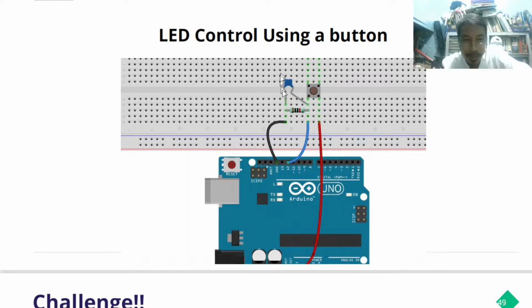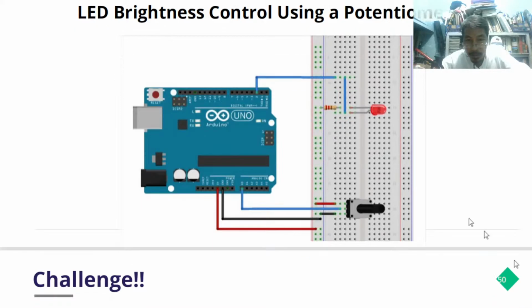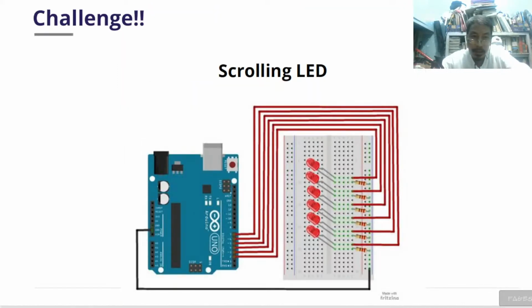So this is the output LED because it is connected to number 12. So the program is, so this is the next one, the next problem. They are using the potentiometer, brightness control of the light, and this is the scrolling of LED.